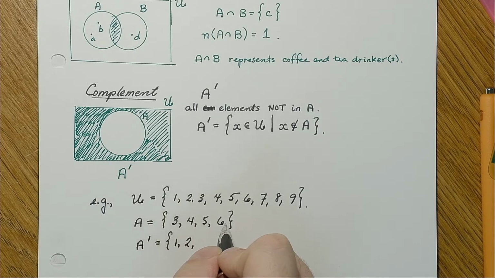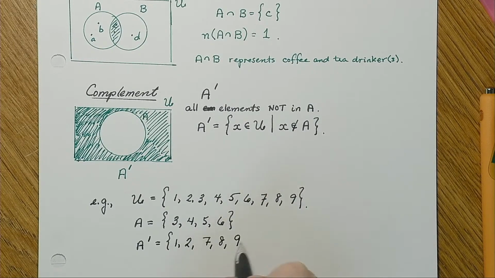I wouldn't have 3, 4, 5, 6. I would skip up to here, so 7, 8, 9.